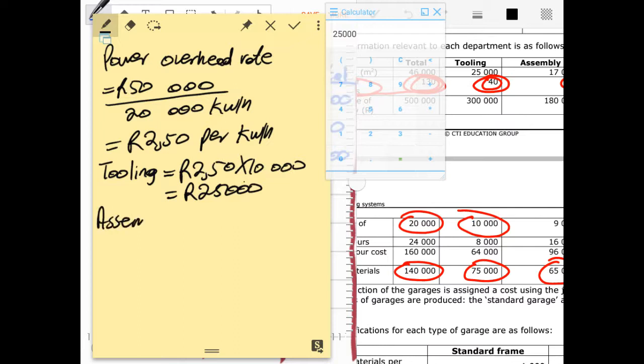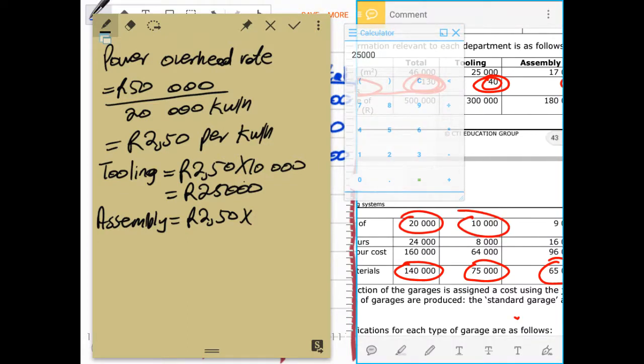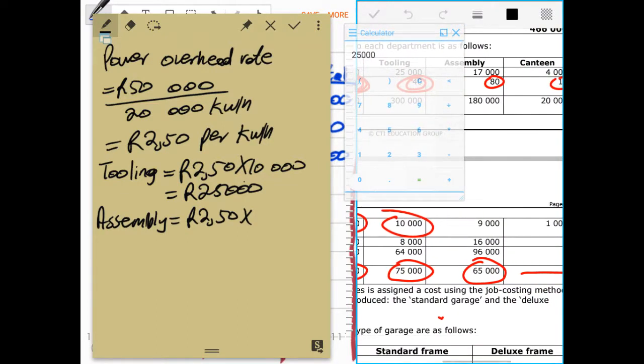And the assembly department will be R2.50 times the number of kilowatts that were used in this department, which amounted to 9,000.